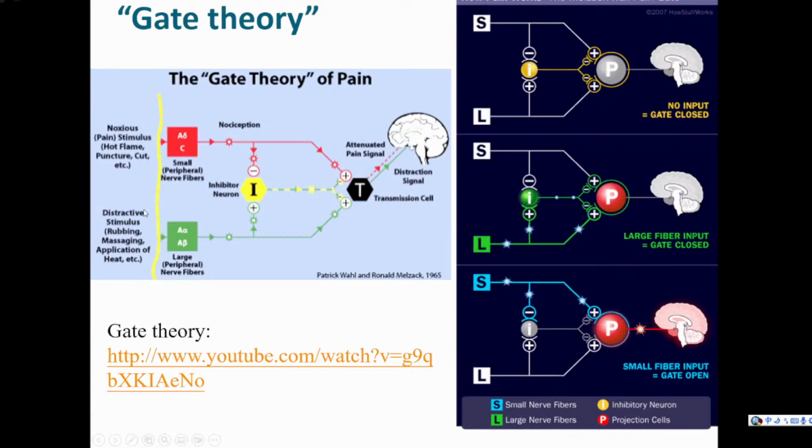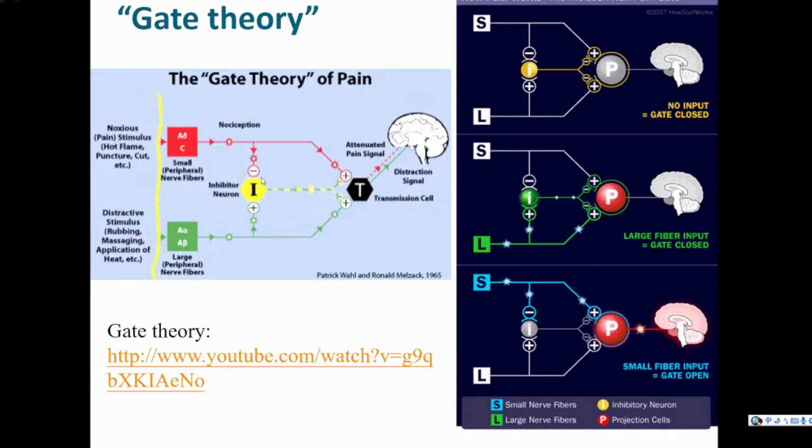So what happens if you massage? If you look at the right side, when you have pain down there, if the small fibers, A delta and C fibers, are excited, then the signal will go up, the gate opens, it goes up to the brain, and you feel pain. If the larger fiber is stimulated, the larger fiber will inhibit the smaller fiber here.